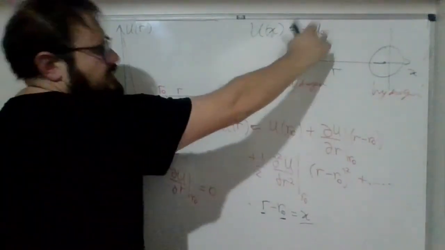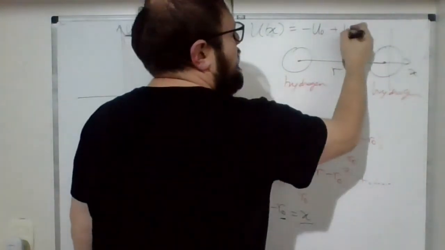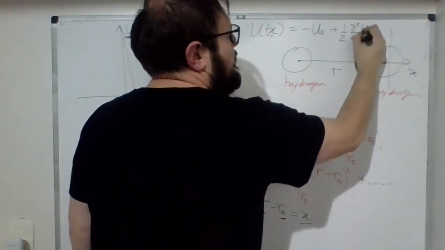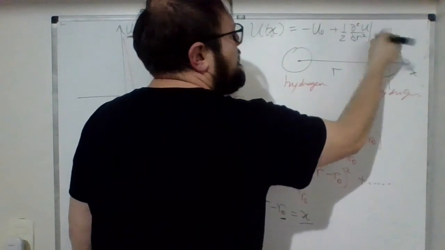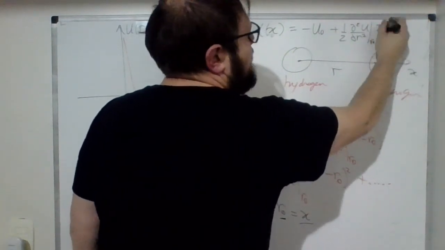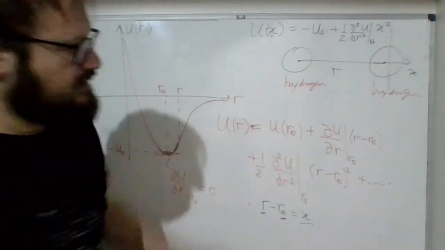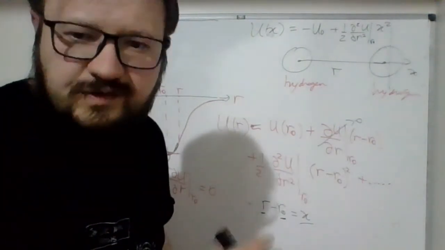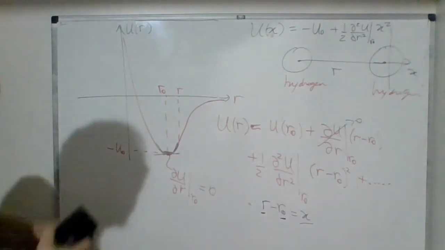So it is a constant here plus 1/2 of the second order derivative evaluated at that point of equilibrium times x squared, all right? Because the first order term is just zero, because you're considering near the equilibrium point.